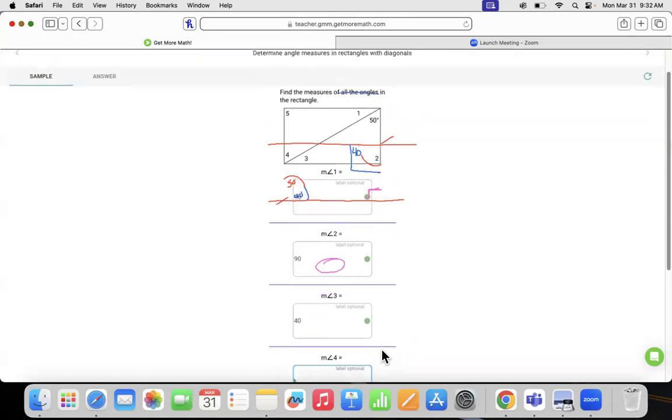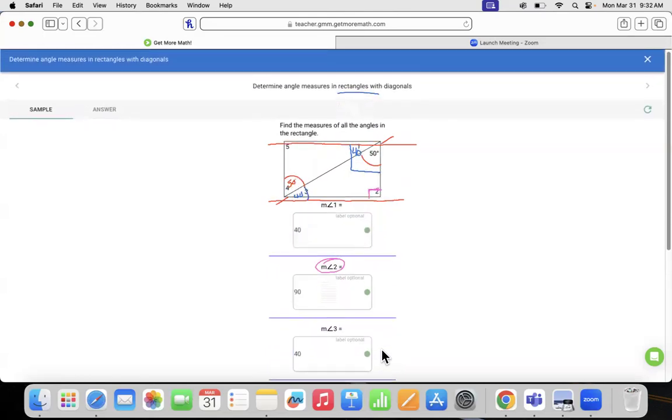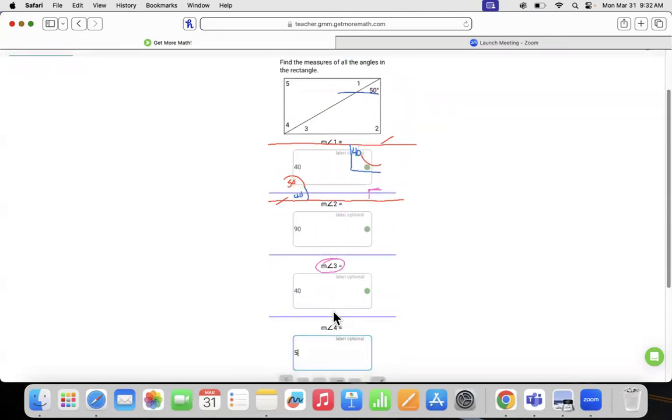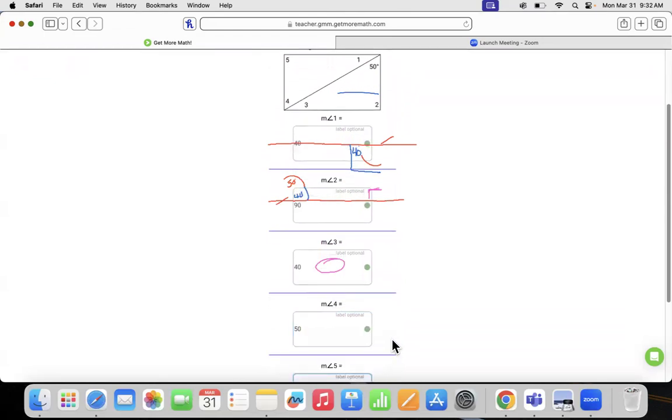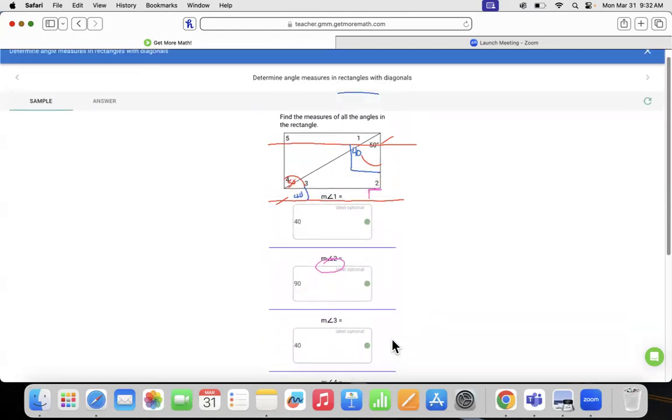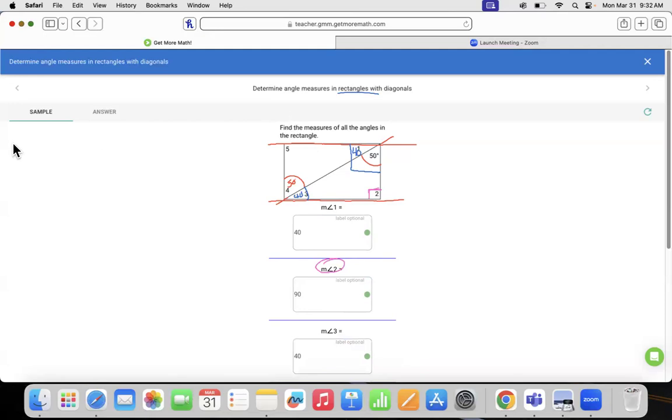And then angle 4, again, we had already identified initially that those are alternate interior angles as well. So angle 4 is also 50 degrees. And then angle 5, again, it's a 90-degree angle because it's a rectangle. And that's what we know about rectangles, there's 4 90-degree angles.